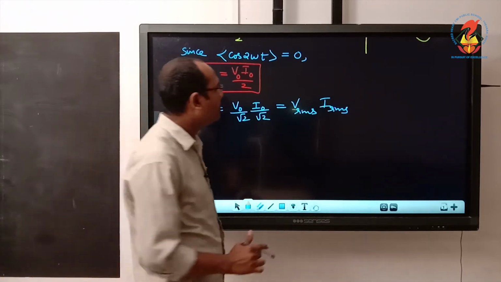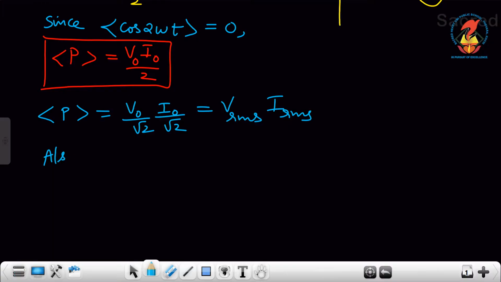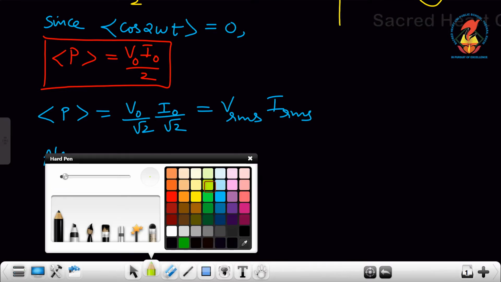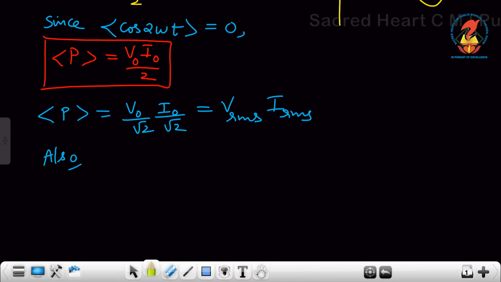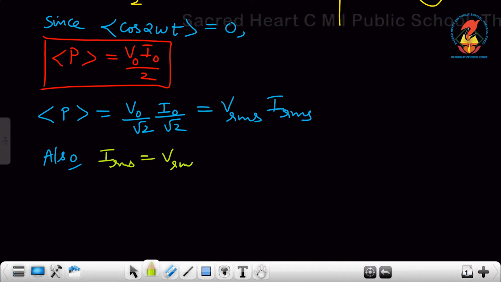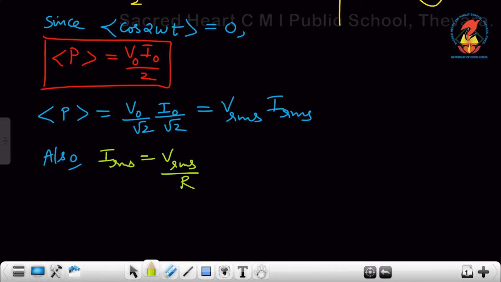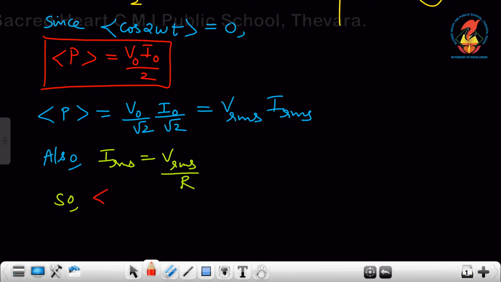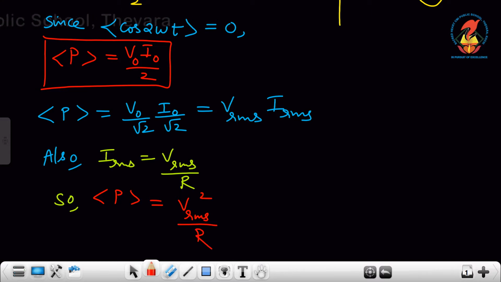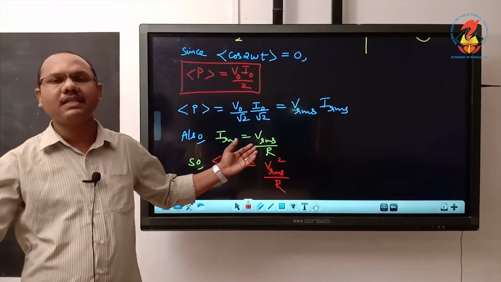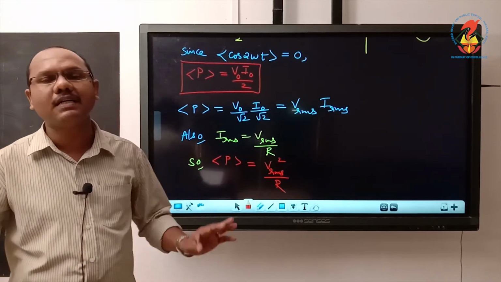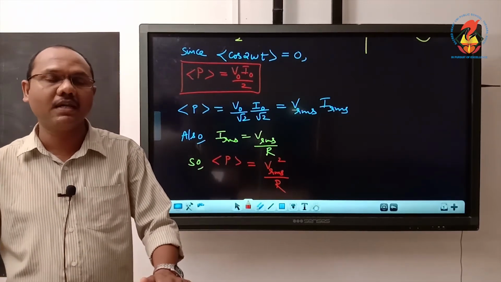Okay. And also I can write Irms is equal to Vrms divided by R. So the equation can also be written as average power is equal to Vrms square by R. So these are the different ways to write the average power in a resistor circuit.